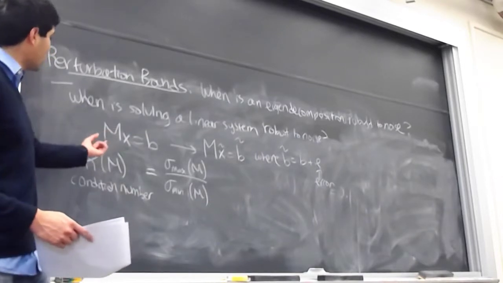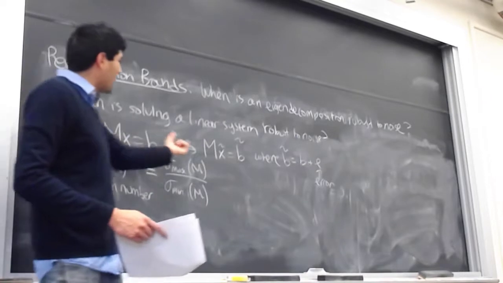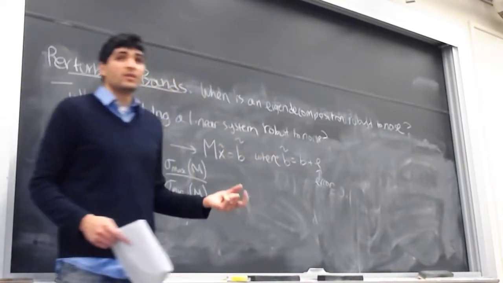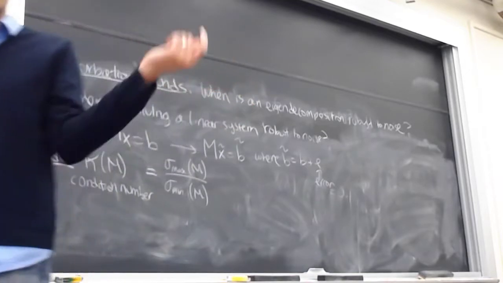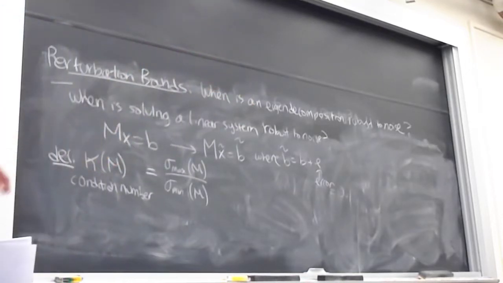If you had the identity matrix or some orthogonal matrix, when I multiply by M inverse, whatever the magnitude of my error is, that'll be the magnitude of my error in what I find for x versus x tilde. But in general, it'll be the condition number that governs that relative change.